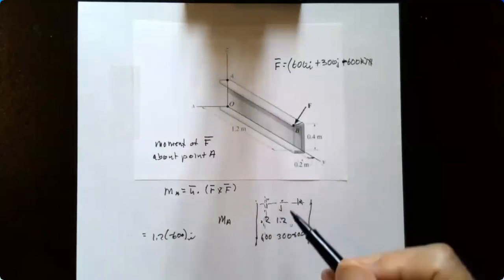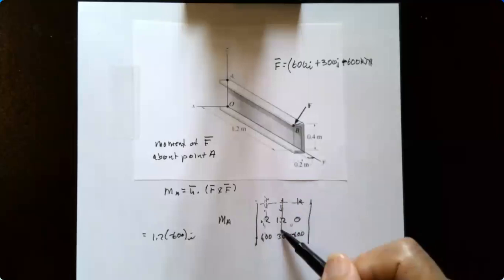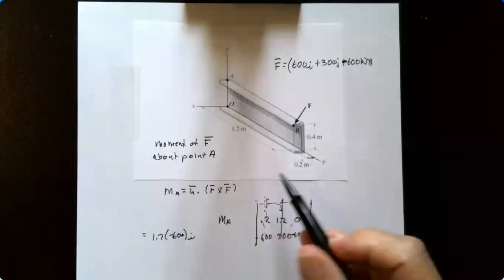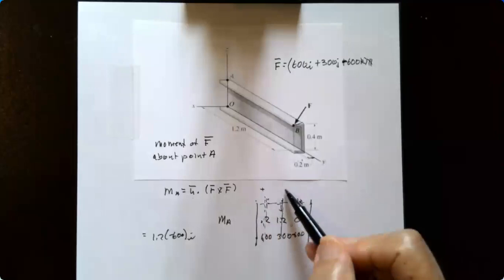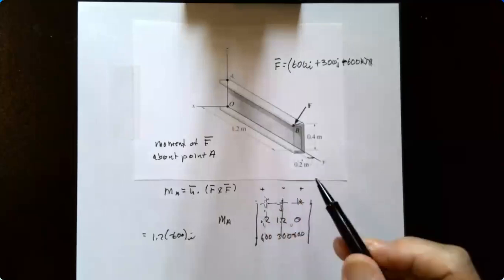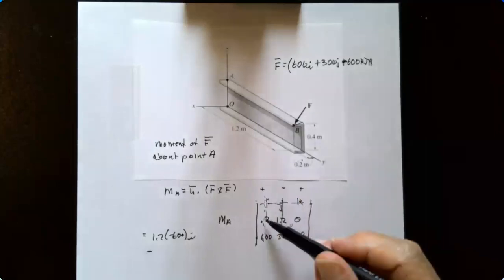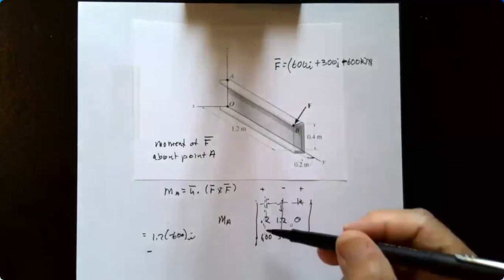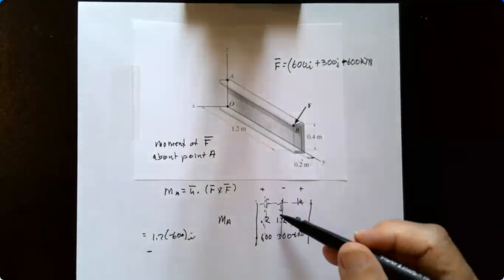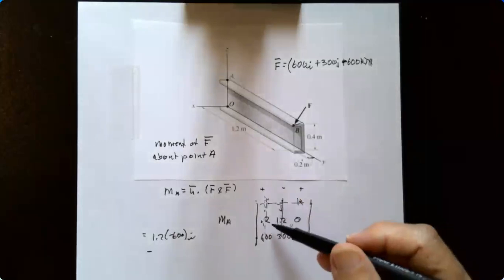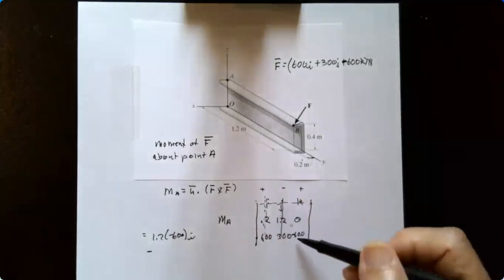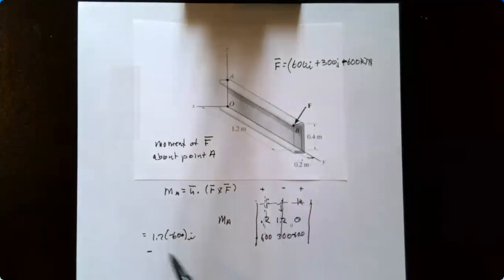The J component, this has a plus sign, this has a minus sign, this is a plus sign. So the J component then is going to be minus, so it's going to be the 0.2 for the J component times minus 600, and that's all minus to begin with.